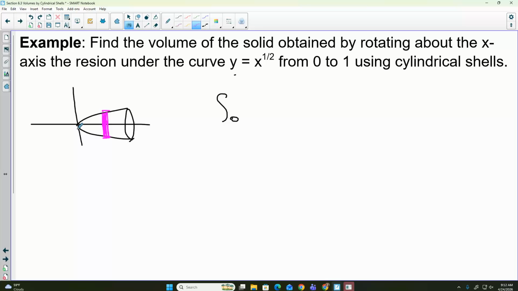If I take your soup can, flip it on its side and unroll it, you have a highest and lowest point. So it's in terms of y. So we need to work in terms of y on this one. If you want to solve this for y, that means y squared is equal to x. Now we're lucky the 0 and the 1 don't change. If I plug in 0 for x, I get 0. If I plug in 1 for x, I get 1.